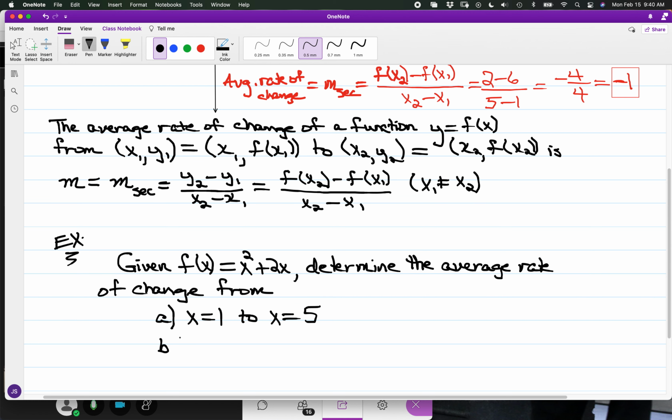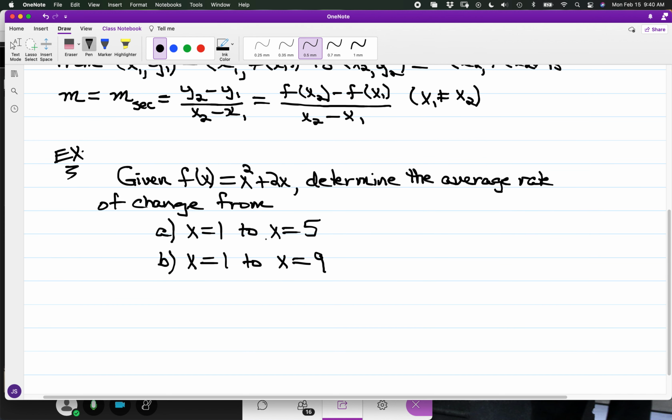Also, the second part: going from x equals 1 to x is equal to 9. We can tackle both of these parts almost simultaneously.